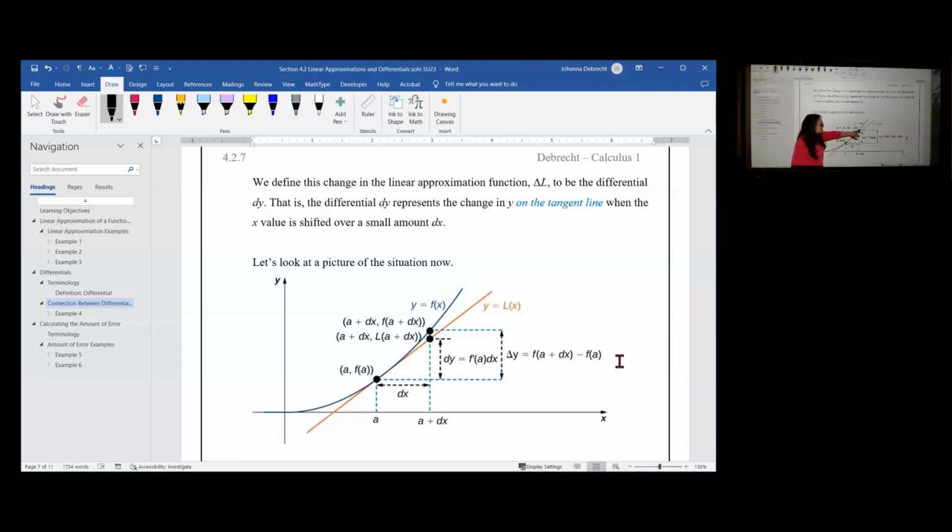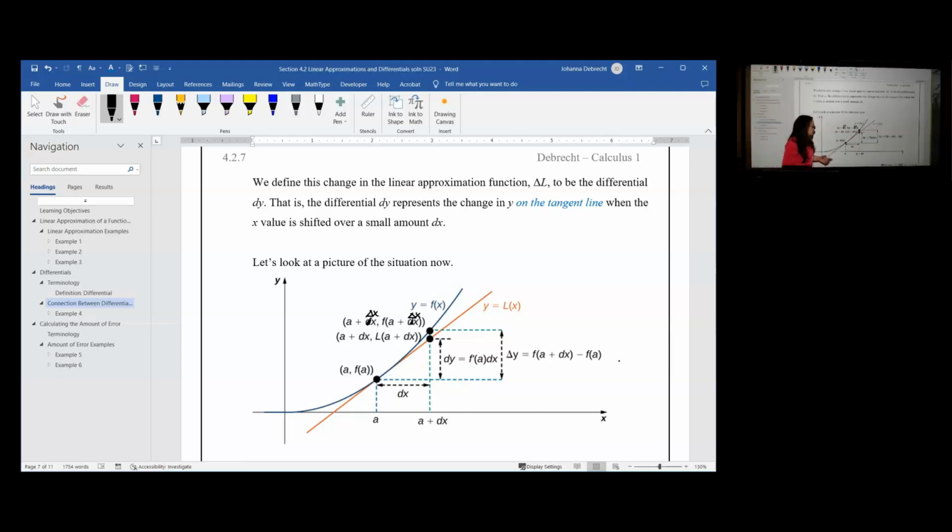Now let's look at the upper point on the actual function. This is on the actual function. Notice that it really should be a plus delta x and f of a plus delta x. However, they wrote dx.